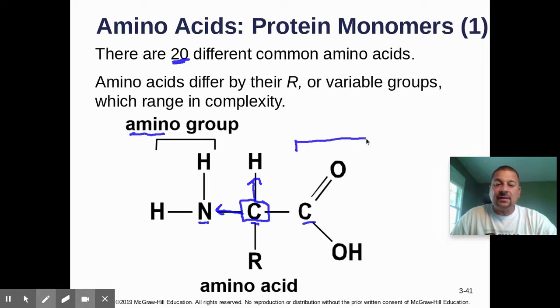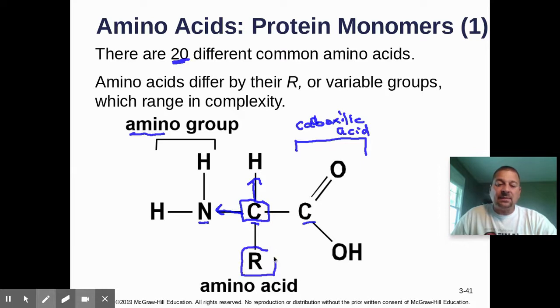And over here, it's not labeled, but they often call it an acidic group, and this would be a carboxylic acid. So you have an amino group and an acidic group, amino acid. Wow, clever in the naming there, right? The carboxylic acid has the double bonded oxygen and also an OH group.